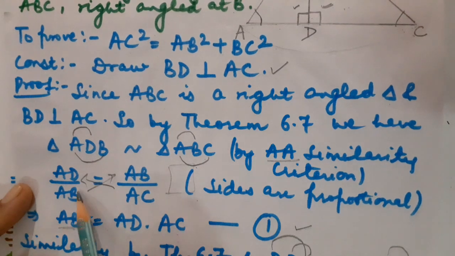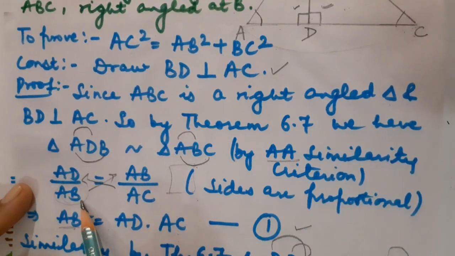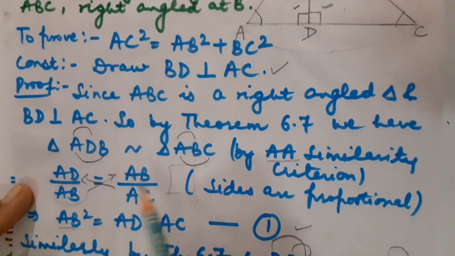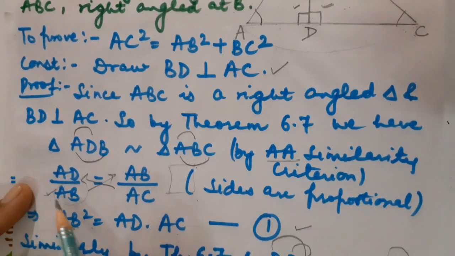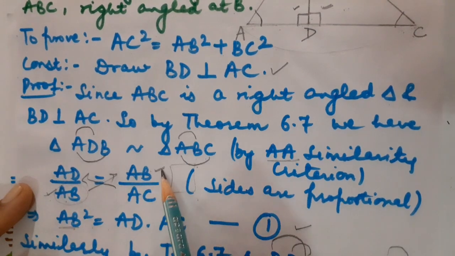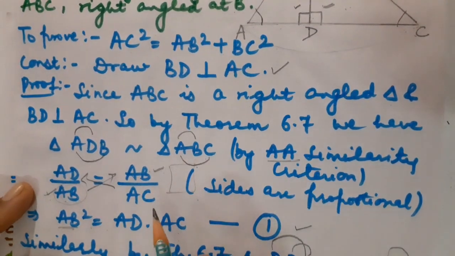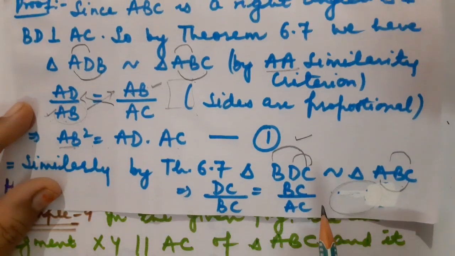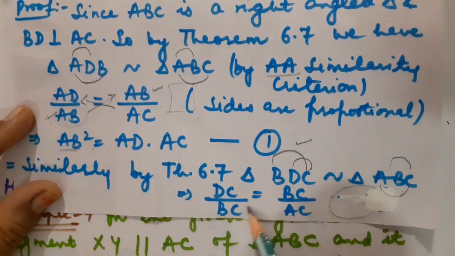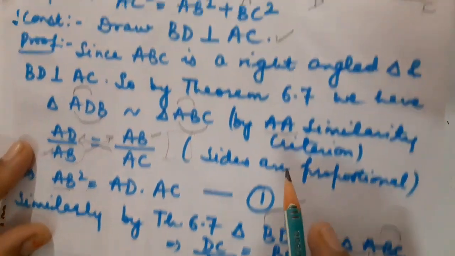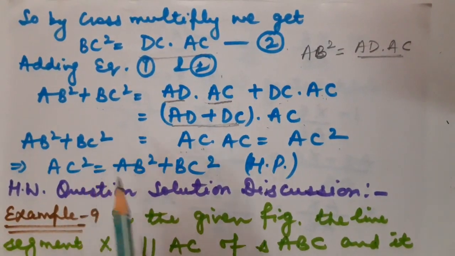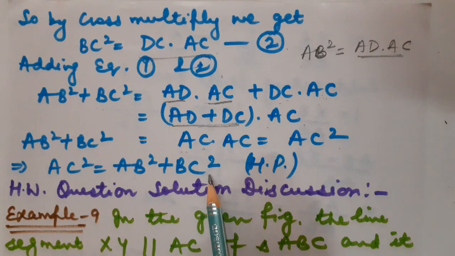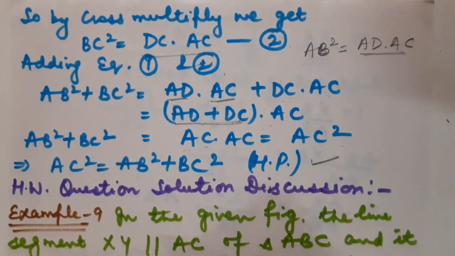I get AB on the left hand side either at the numerator or the denominator, and in the reverse position on the other side. If I have AB in the denominator here, I must get it in the numerator there. In the same manner, I wanted BC square, and this way I could get it. So that's why I got the result AC square is equal to AB square plus BC square. Hence proved.